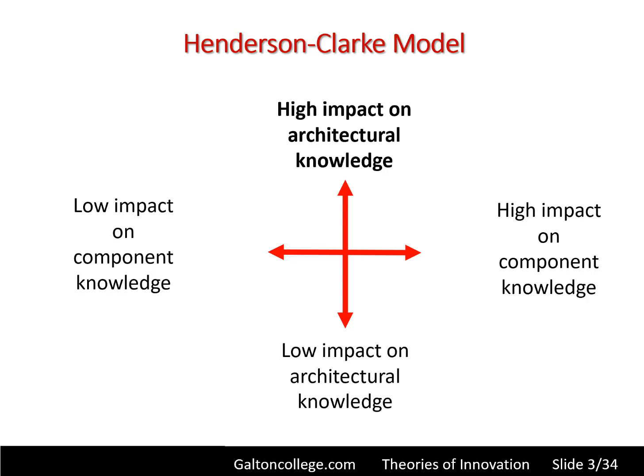In other words, it impinges on the knowledge base of the organization. It impinges on the way in which the product is designed, delivered, thought about, manufactured, or if it's a service, the way it's delivered, as I said, in the marketplace. So that's what we mean by high impact. It looks at the architectural knowledge.